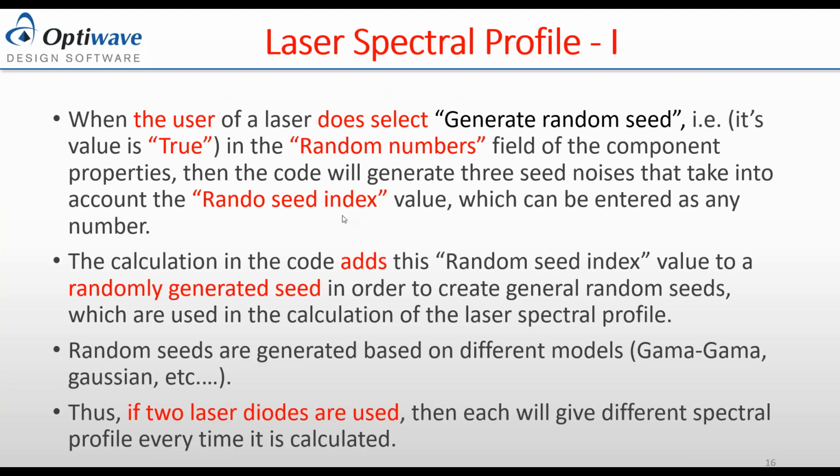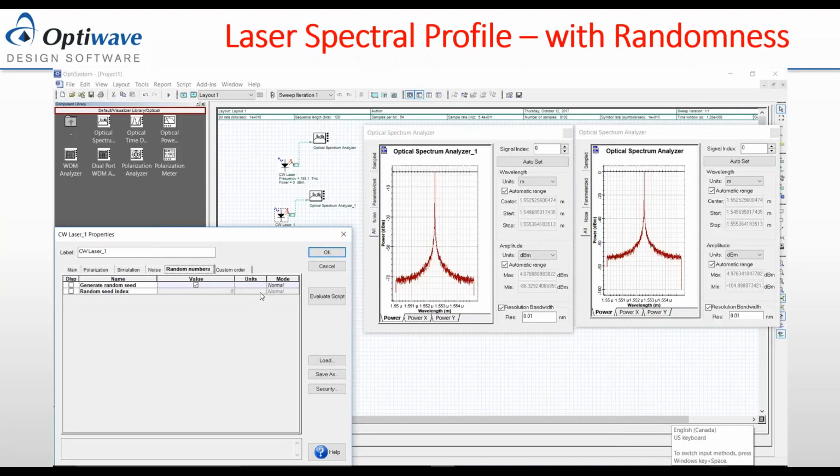If you double click on the laser, go to the component properties, and then the random numbers, you can see generate random seed. If you click it, it means it's true. There is another field called random seed index, a number which you can enter, 0, 1, 2, whatever number, and based on this number a noise is generated. So you have two options.